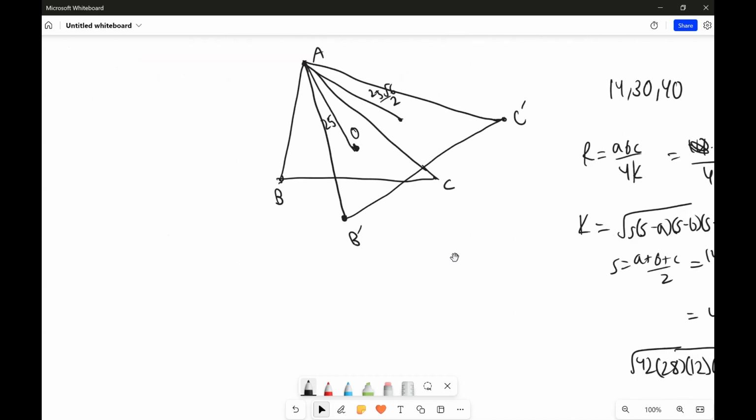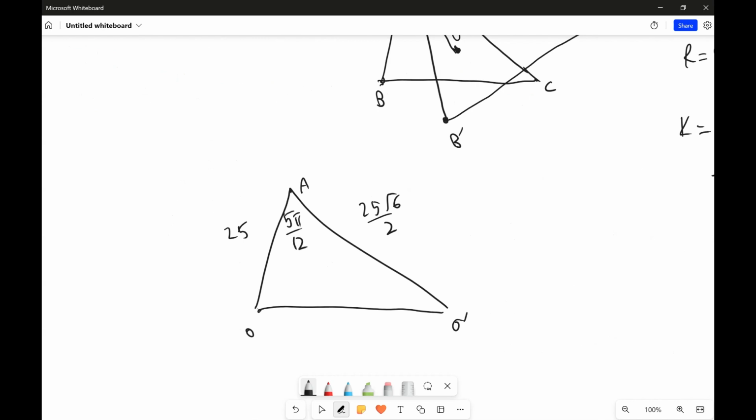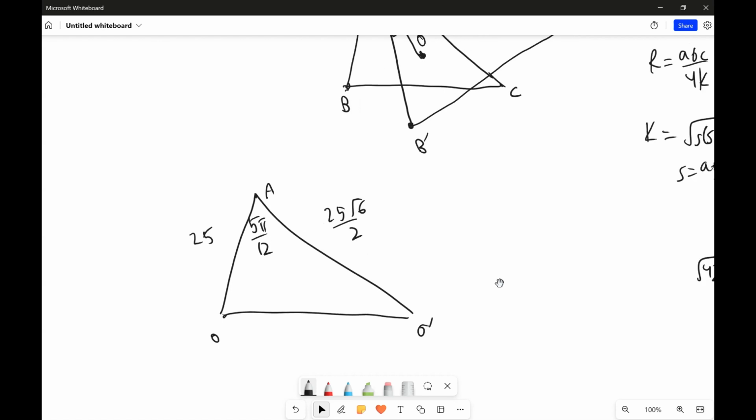And now we've just reduced the problem to the following. If we have a triangle AOO' with sides 25 and 25 root 6 over 2, and this angle is 5 pi over 12 because that's how much we rotate it, as we are given in the problem, we need to find out the length of OO'. And we can do this by using the law of cosines.